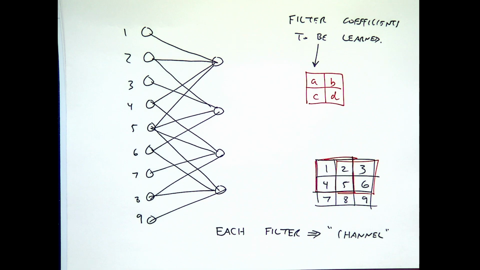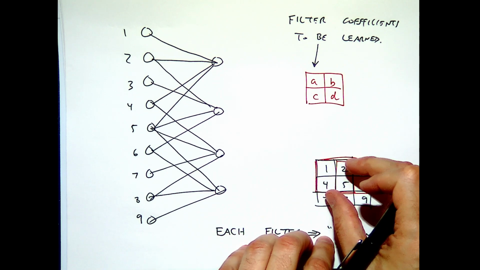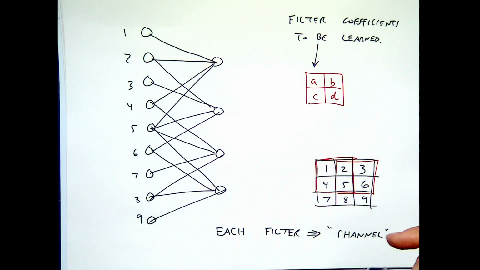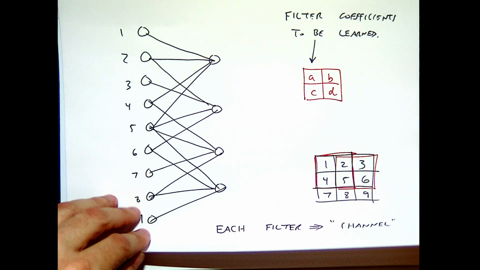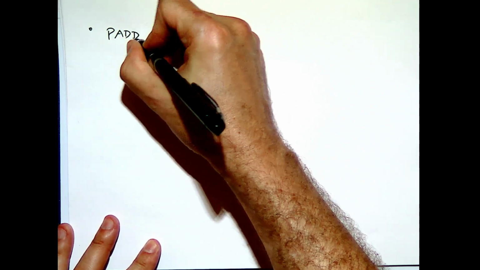A lot of times I want to keep the size of the layer the same going in and out. The problem is that I can't really apply this filter wholly to any more than these 4 locations. So padding is a question.